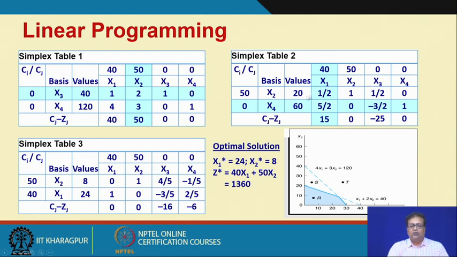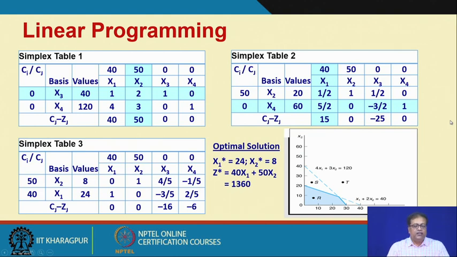So, that is how we fill this table: this should be 20, that is 40 divided by 2 is 20, right. And 2 divided by 2, that is the key element, becomes 1. Then this 1 will become half, this 2 will become 1, this 1 will become half, this 0 will become 0.